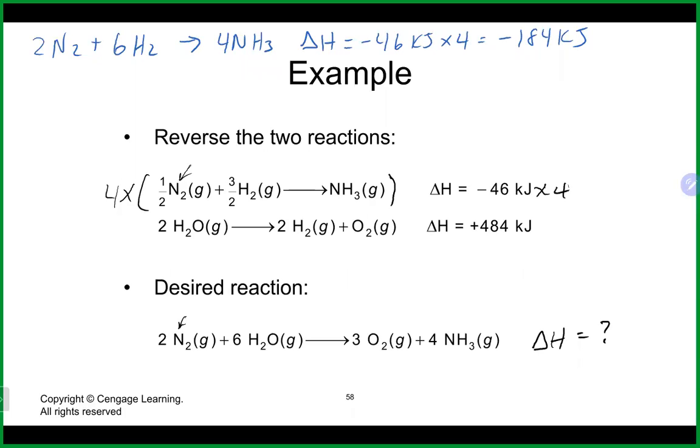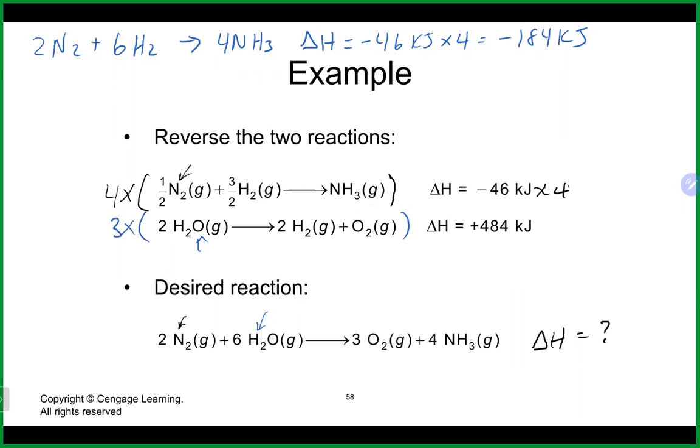The next thing we might want to look at is the water, which is also on the left-hand side here, but I need 6 of them, and I only have 2, so we're going to need to multiply the bottom equation here by 3.